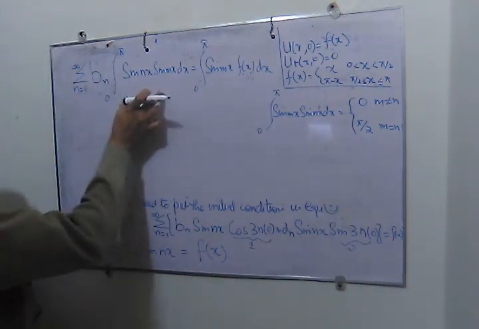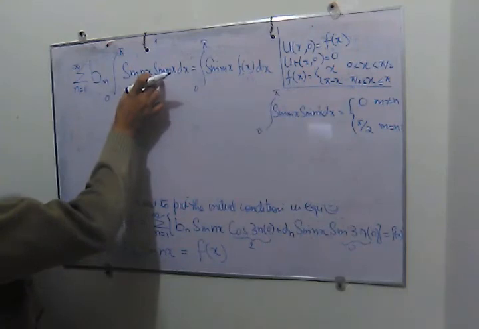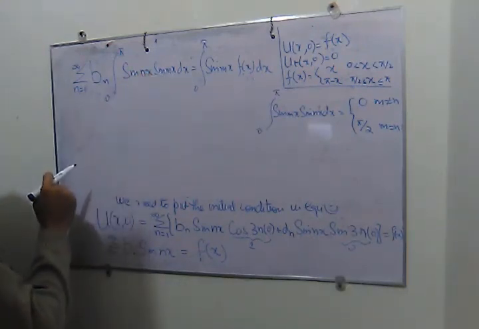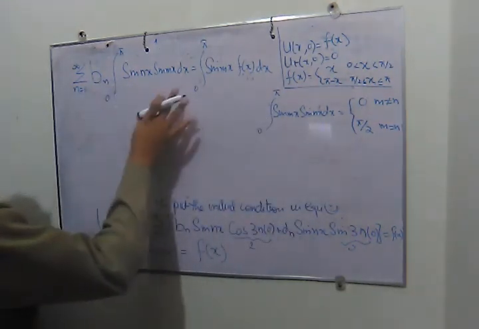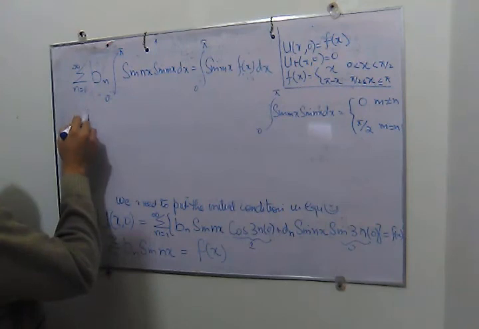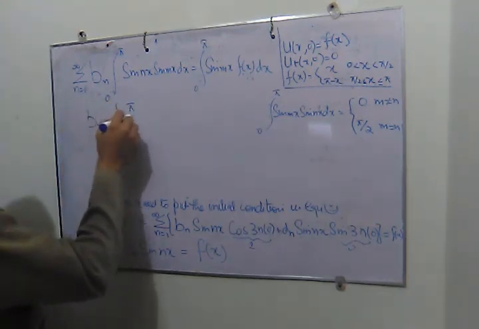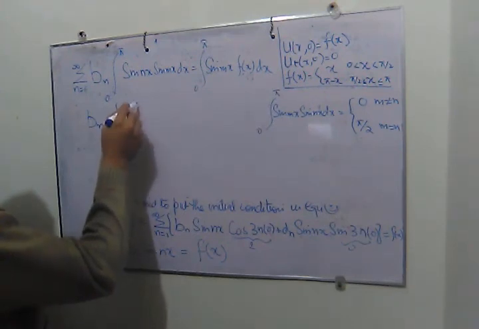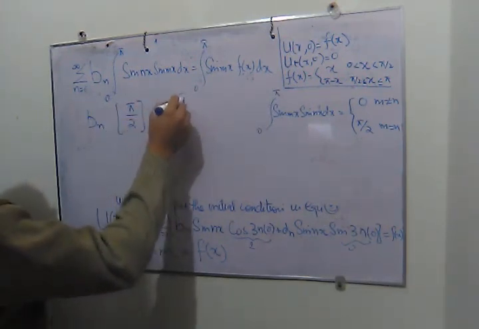So when we expand this, there is only one value at which m will equal n. For that value we get the result pi by 2. For all other integrals, it will be 0. So we are left with pi by 2 times Bn.